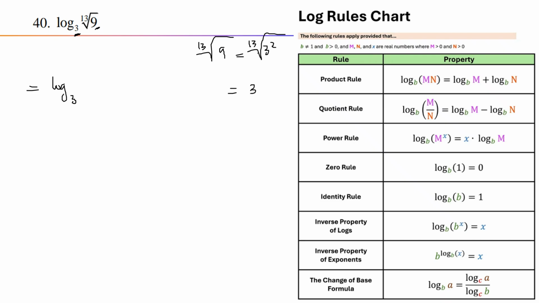So we write down base is 3, power is 2, root is 13. So this is 3 to the 2 over 13. Okay, so inverse property of log, this one, saying that the exponent will be the result, 2 over 13.